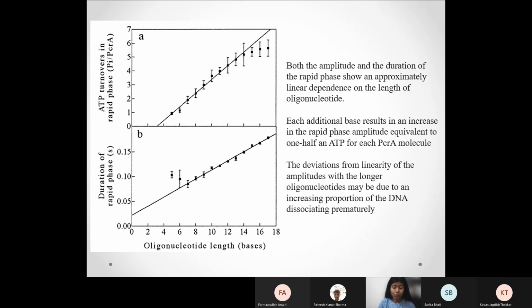This again goes to show that these helicases are dependent on ATP hydrolysis, and perhaps at each step of its movement, it requires ATP hydrolysis to move from one nucleotide to the next, to the next, to the next.